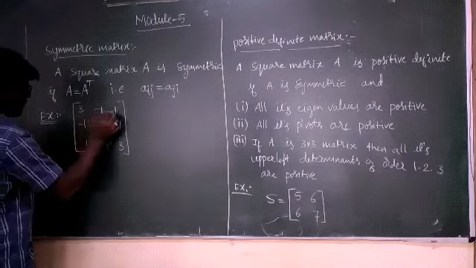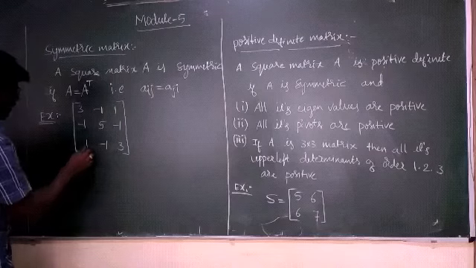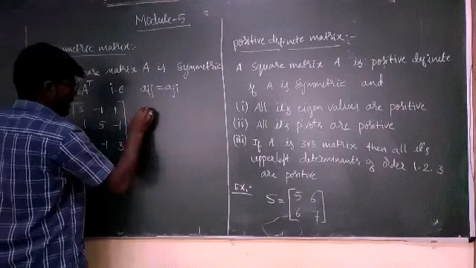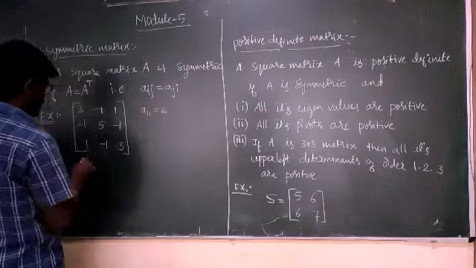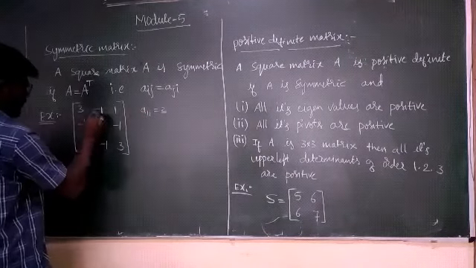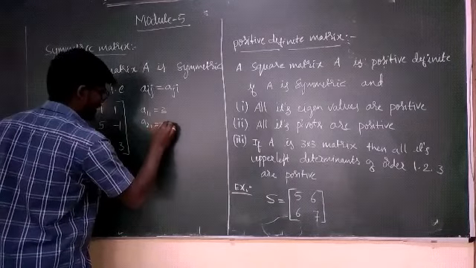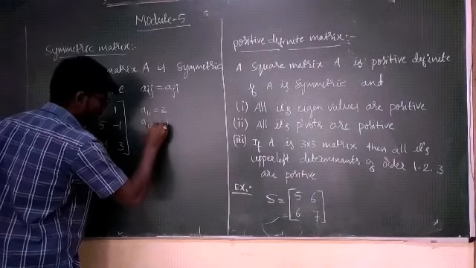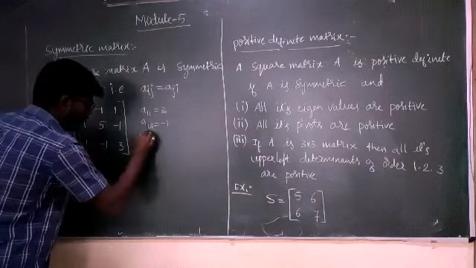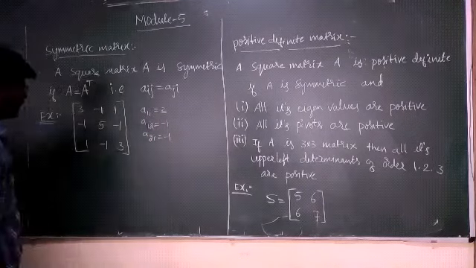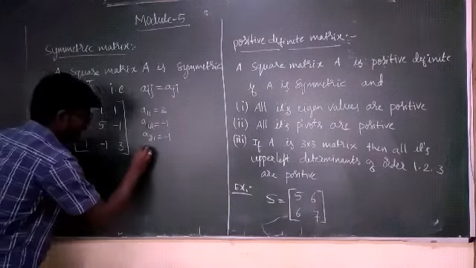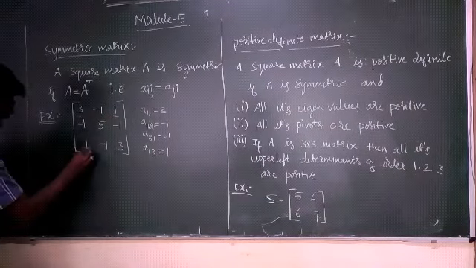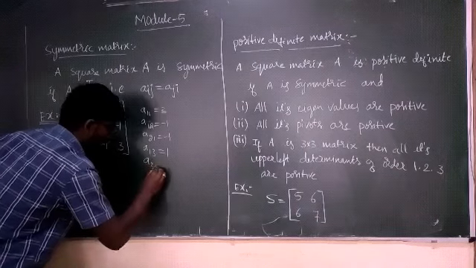Example: 3, minus 1, 1; minus 1, 5, minus 1; 1, minus 1, 3. Here A11 is 3. Then A21 is minus 1, and A12 is also minus 1. A13 is 1, and A31 is also 1.